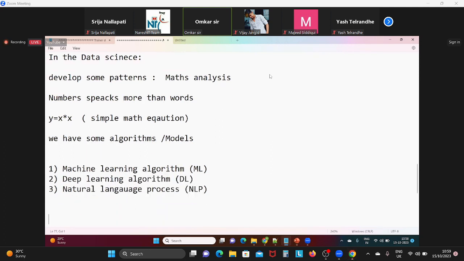So the data science use case you understood: understand the past data, draw the patterns, and predict the future. Again, in that, they divide into parts: machine learning, deep learning, and natural language processing.